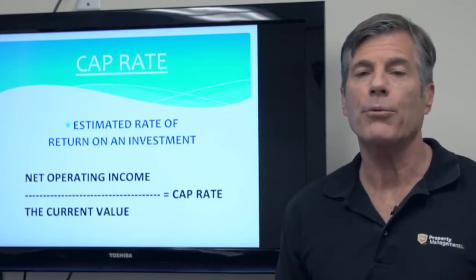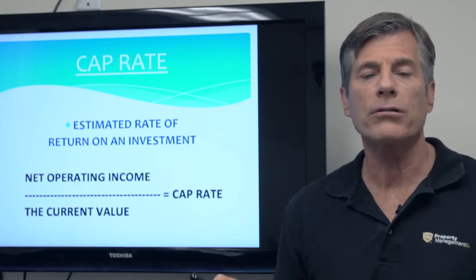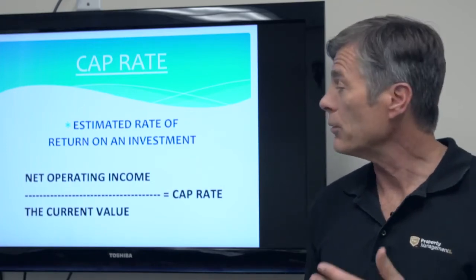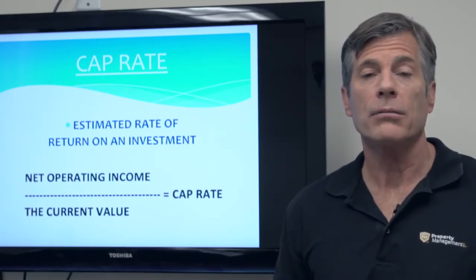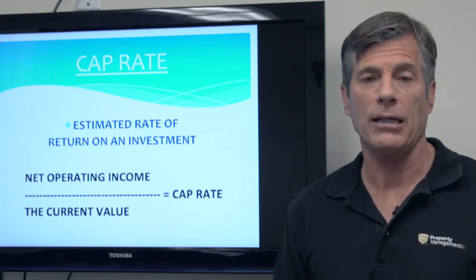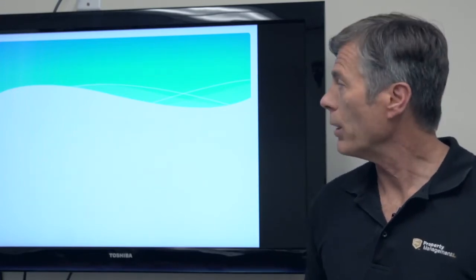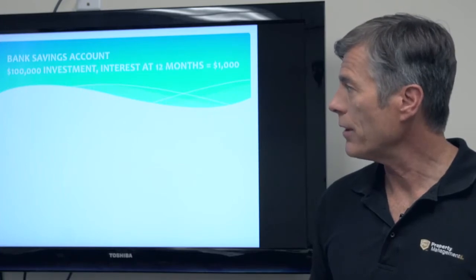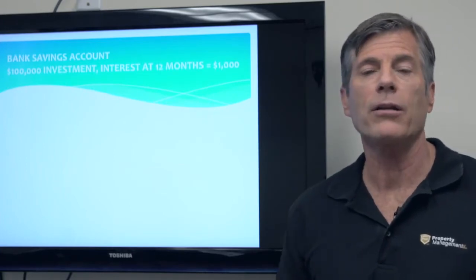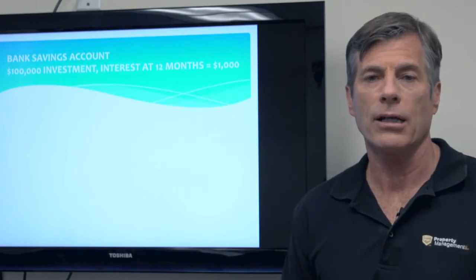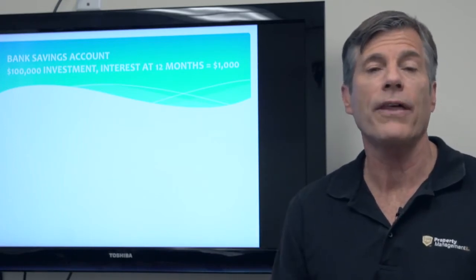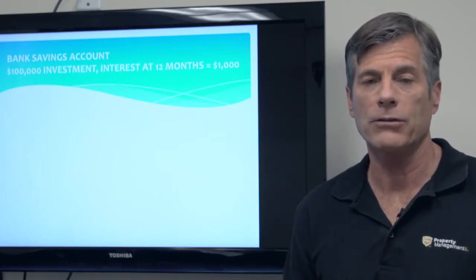And the beauty of a cap rate is it can be used for all types of investments, whether it be real estate, art, business, or money in the bank. For instance, let's say you went to your local bank with $100,000 in your pocket and you said to the bank manager, I want to put it in a CD, what's my rate of return? And he says back to you, we're going to give you $1,000 at the end of 12 months.